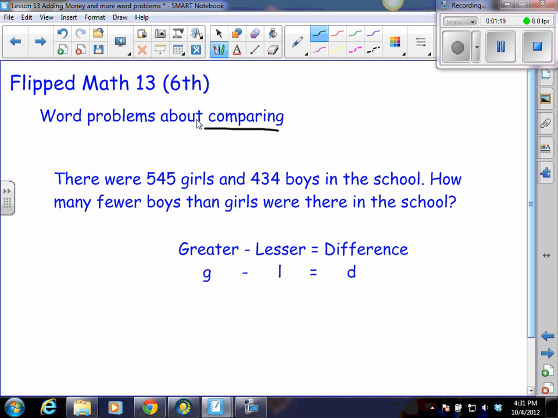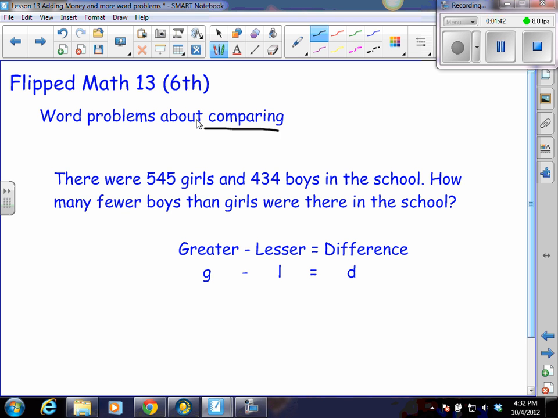Now the question says how many fewer boys than girls, and keywords like fewer or how many more would be keywords to let us know that we want to do a greater minus lesser equals the difference type formula. And it's a problem about comparing. And so those are our keywords. Now since it's saying fewer, we know that it's looking for the difference.